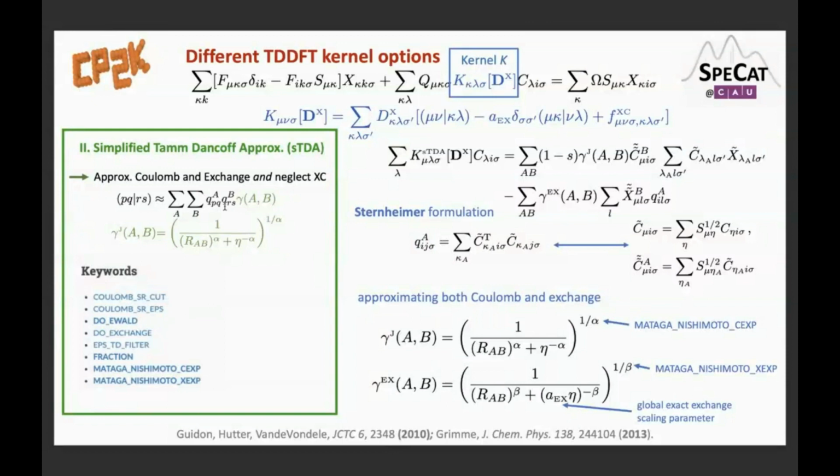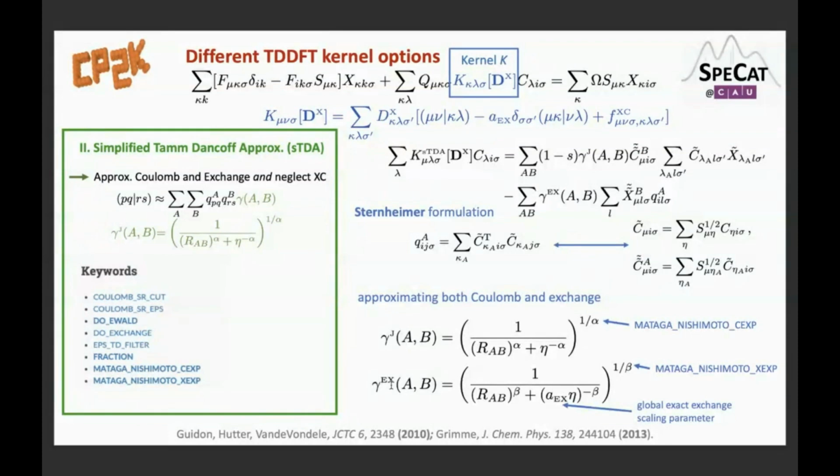Now, in comparison to original formulations for molecular quantum chemistry, our implementation in CP2K differs a bit. So, for example, because we're using the Sternheimer formulation of the TD-DFT eigenvalue problem, we have to rely on Löwdin orthogonalized or transformed MO coefficients, but we get the same results.